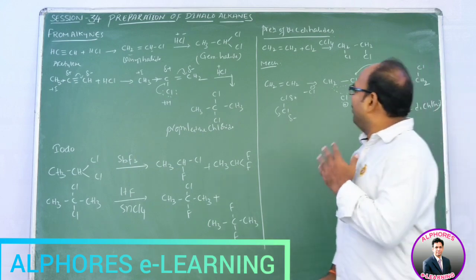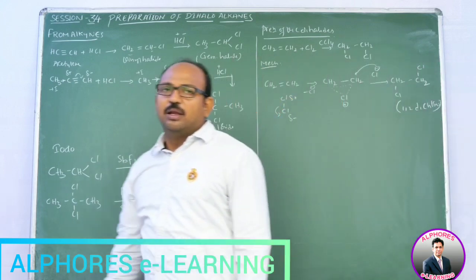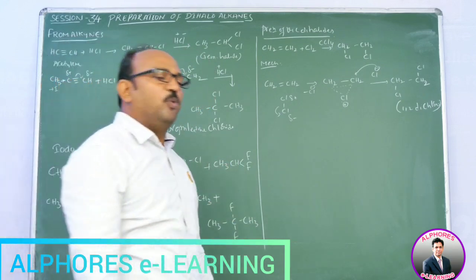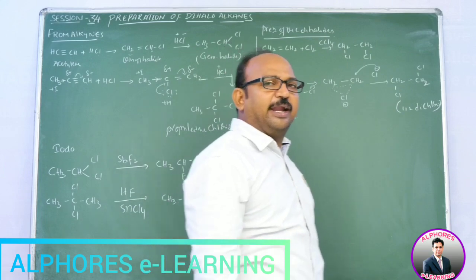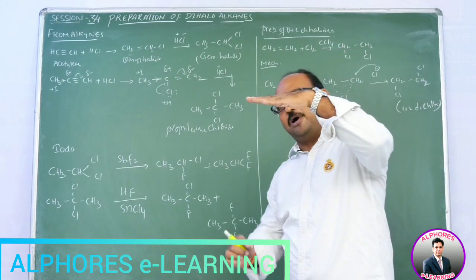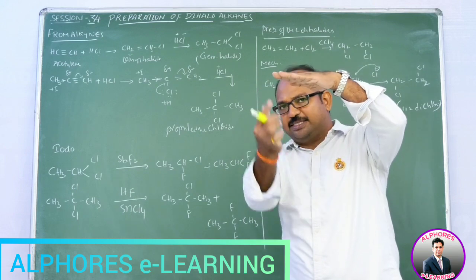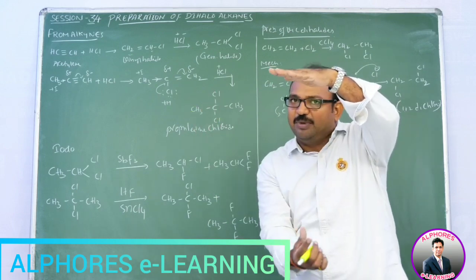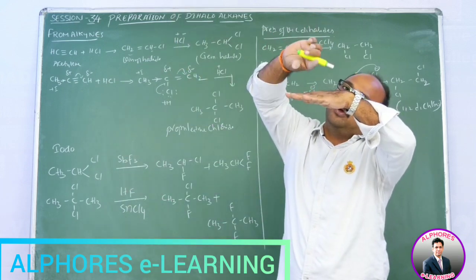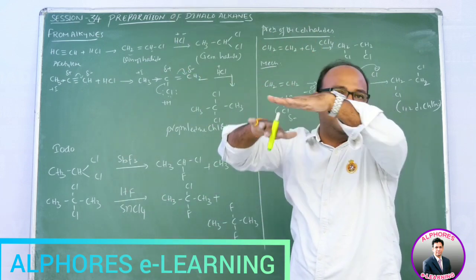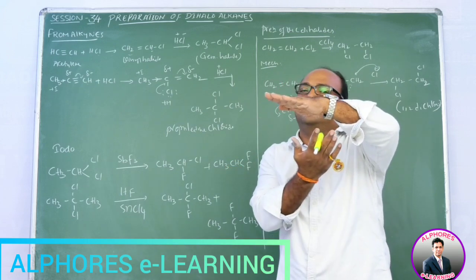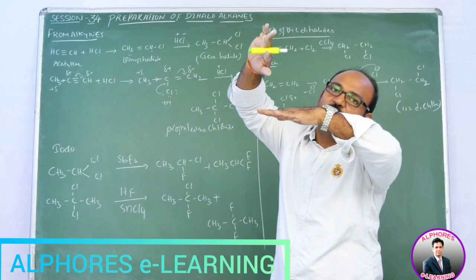Now from this mechanism, it is very clear two chlorine atoms are added to the double bond, but both chlorine atoms are not added from the same side. If one chlorine atom is added from one side, the other chlorine atom approaches from the rear side with respect to the double bond. The double bond is planar, so with respect to this plane, one chlorine approaches from one side, another from the other side.